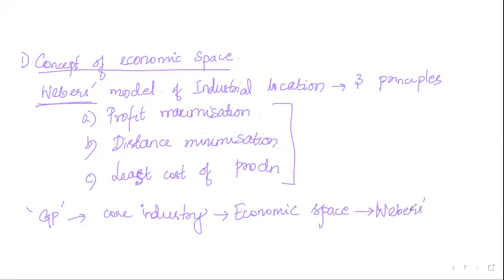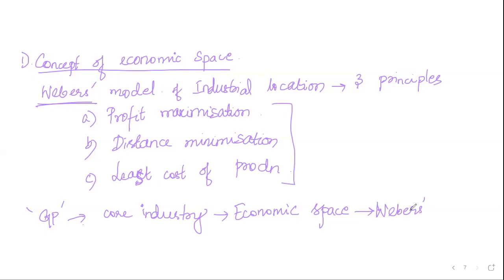So what is the concept of economic space? Growth pole theory is an economic concept where the idea is to set up an economic space by centralizing the factors of production in a particular area so that maximum economic growth can be achieved.